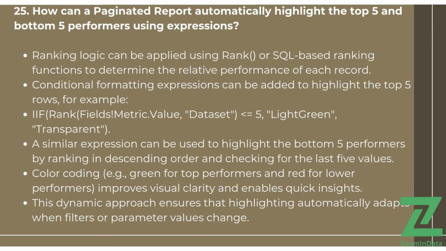25th question: how can a paginated report automatically highlight the top 5 and bottom 5 performers using expressions? Step 1. Apply ranking logic by using the Rank function or by using ranking in your SQL query to calculate the performance position of each record. Step 2.